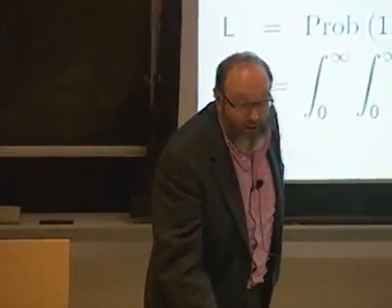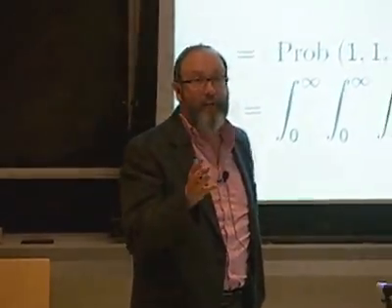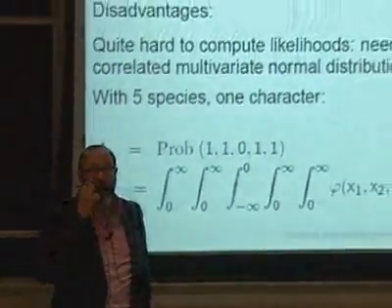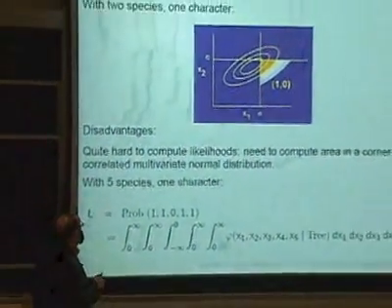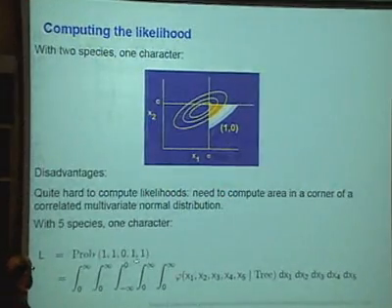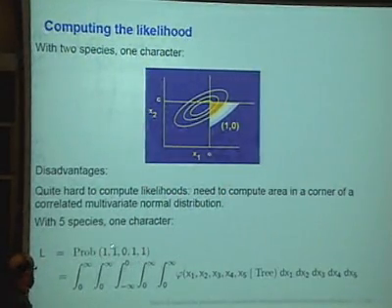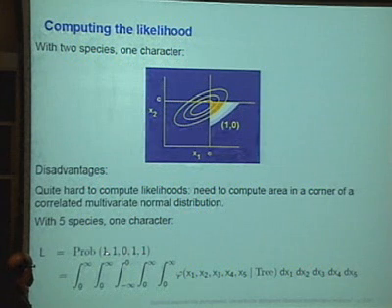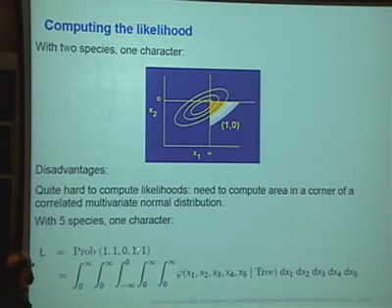Okay, what can you do if you want to compute likelihoods with this machinery? Well, I'm not going to go into the details, except to say that what you have to do is get the probability of, say, let's just think of a single observation from each species of 1, 1, 0, 1, 1 at the tips of a tree for one character. You have to integrate some normal distributions implied by the Brownian motion along the tree.